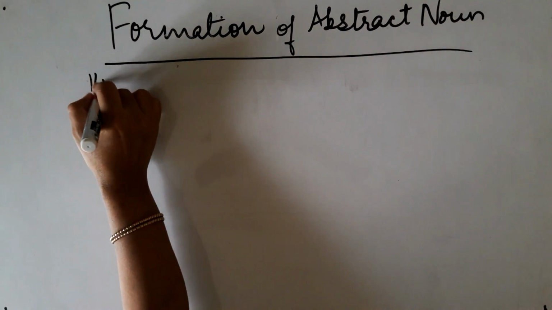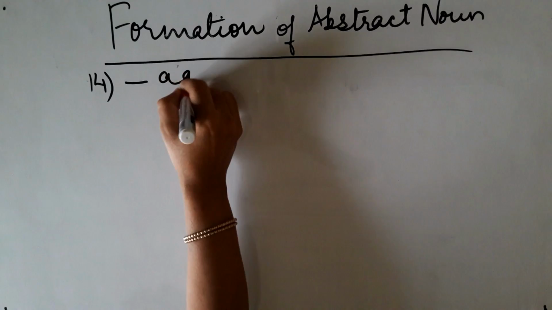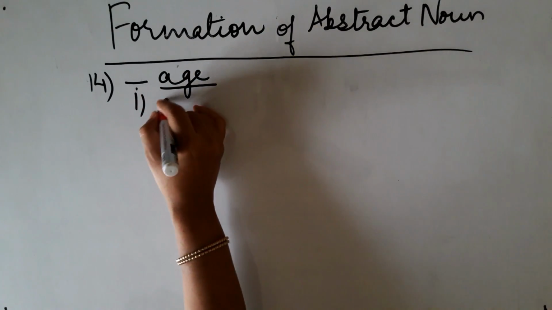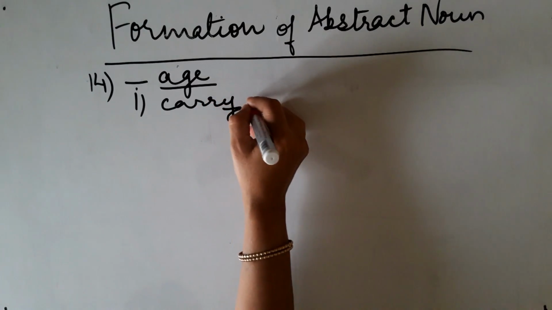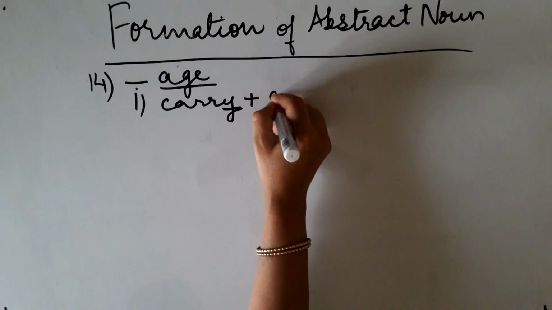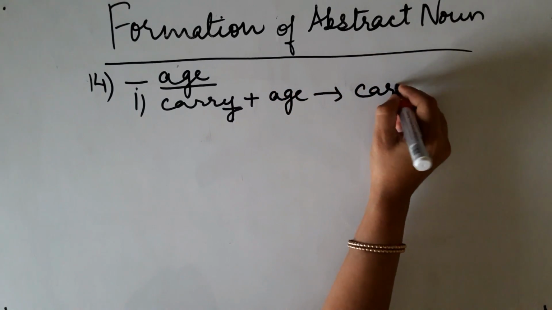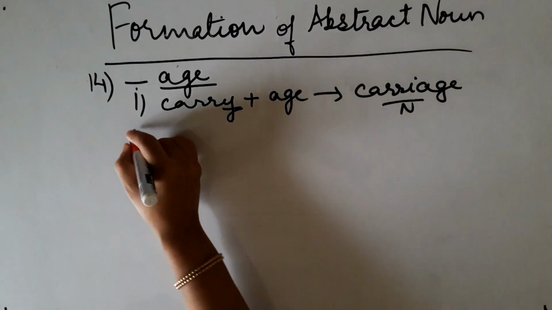Yet another way of changing verbs into nouns is by adding age. If we have a word like carry, I will replace y with i and then add age. It becomes carriage, which is a noun.